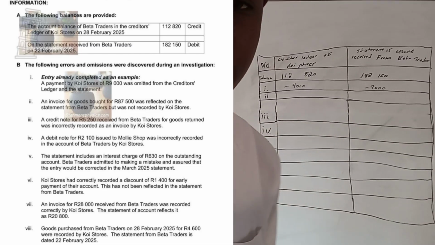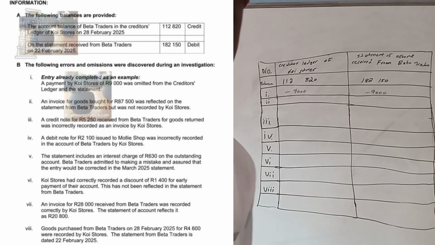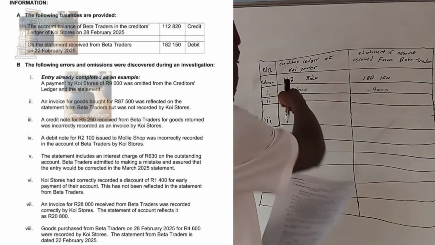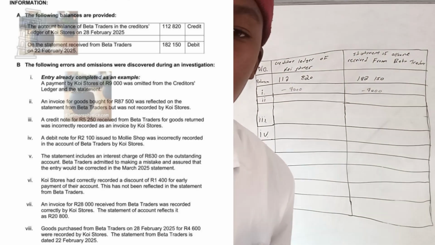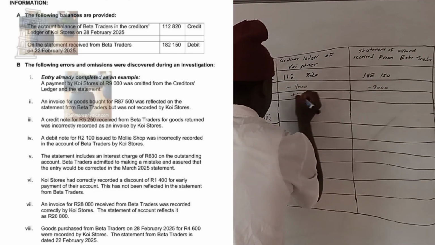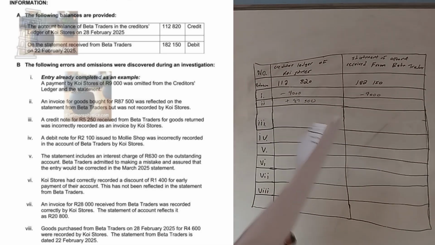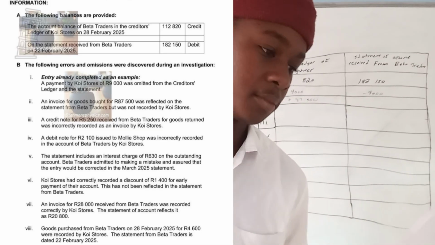We bought the goods, but we did not record them. So we have to do what? We have to add the 87,500 here because we took the goods, but we forgot to record it. So we must add it. It will be plus 87,500.